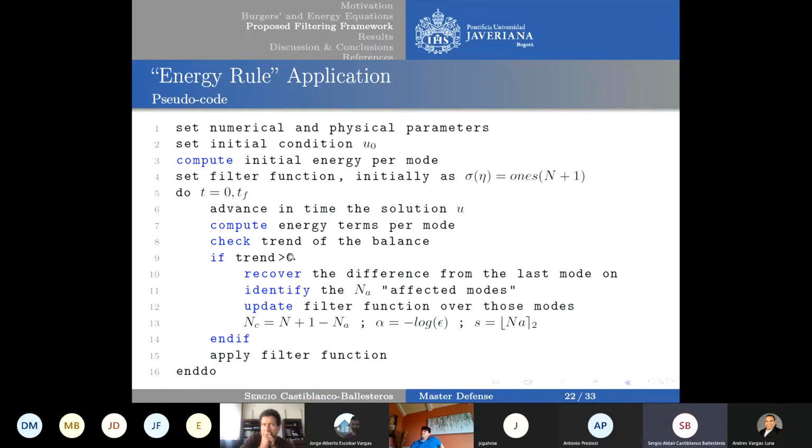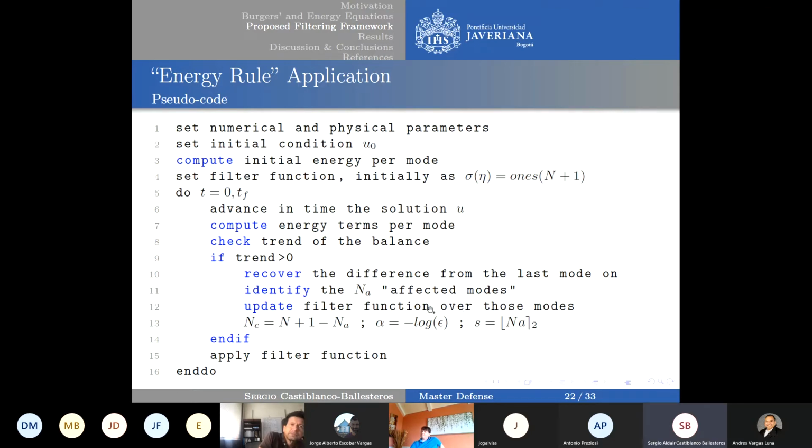And this will give us what I call NA affected modes, and this must be done by element. Now the filter function can be updated using the exponential one. We have used the exponential one with these parameters.